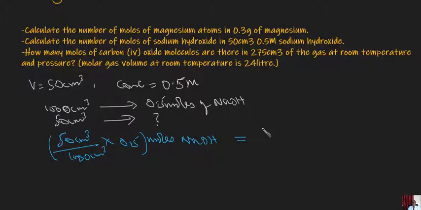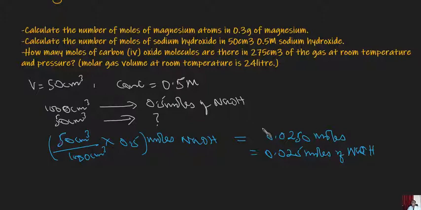And finally, 50 times 5 is 250, then we count the decimals, 1, 2, 3, 4. So the number of moles we have in this solution is 0.025 moles of sodium hydroxide.